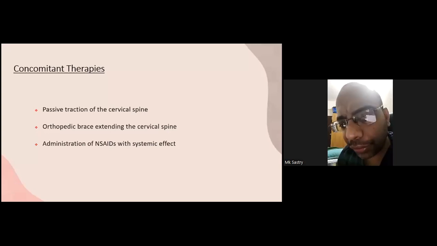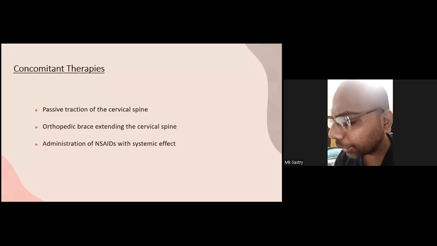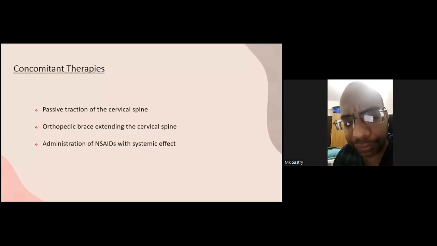I'll always advise never go for passive traction, orthopedic brace extension of the cervical spine. Always keep this one, and don't go for painkillers. Painkillers are not required. I will teach you one technique by which you can recover this pain very easily. What are they?